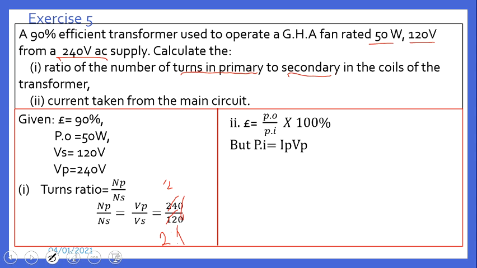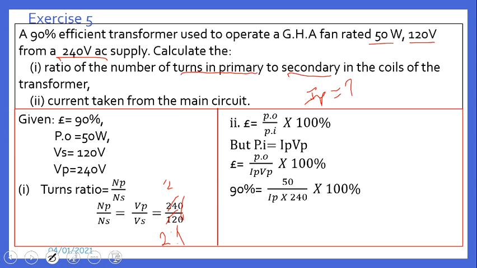Then to calculate the efficiency, we are required to calculate current from the mains, meaning we are calculating current in the primary, IP equals unknown. So to solve that, just remember the formula for efficiency that we have stated earlier. Efficiency equals what? Power output over power input multiplied by 100%. And because we are looking for current in the primary, I can convert my power input to be the same thing as IPVP. Then from there, we can substitute the values.